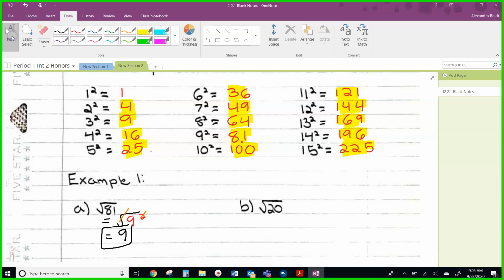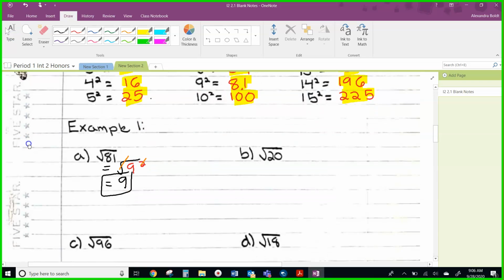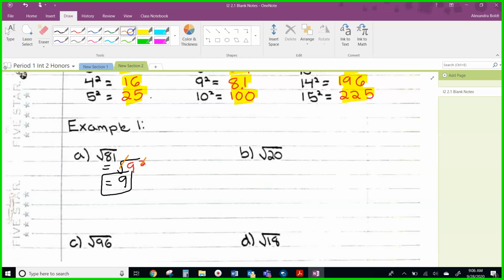So what we have to do is find the largest perfect square that divides into 20.